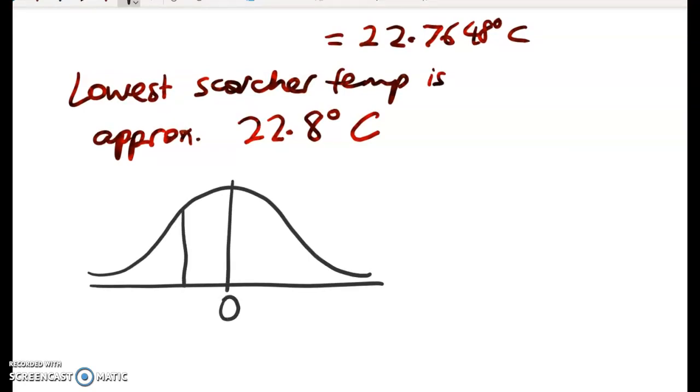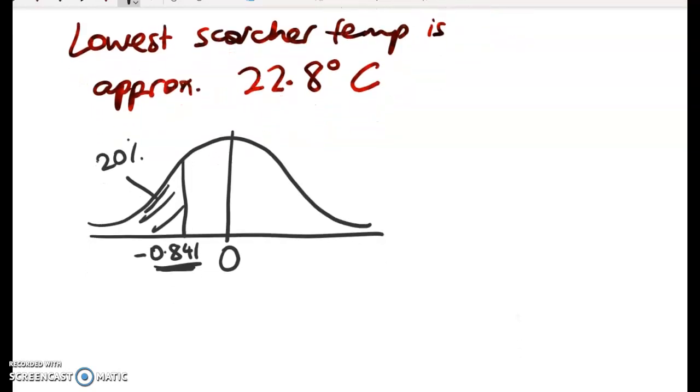So we'll draw the z picture first. If we are 0.841 standard deviations below the mean, then there's going to be 20% chopped off in here. And we want that to be at 9 degrees. So what we have to solve is this.